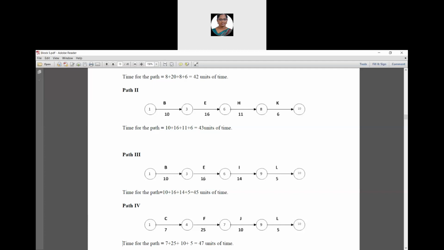Then from node 6 to node 9 is having an activity I and its time duration value is 14. Then from node 9 to node 10 its activity name is L and its time duration value is 5.